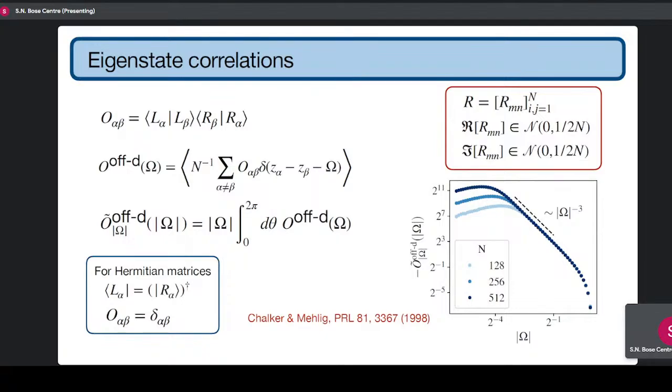For this kind of random matrix, if one plots this O of omega as a function of mod omega, there seems to be a power law divergence, which means that when I have two eigenvalues which are very nearby, their eigenfunctions are highly correlated, but farther eigenvalues are less correlated. And this omega to the power minus 3 power law, there is an analytical derivation for this power.